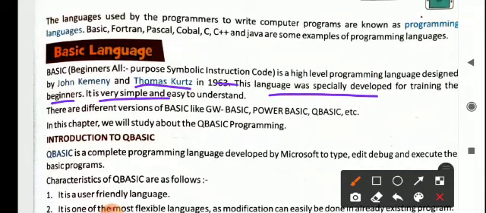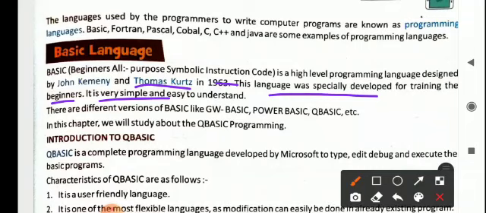One important thing is that the computer understands only machine language. Earlier also it understood only machine language, and today also it understands only machine language. Machine language is the language in which the entire set of instructions is in the form of codes of 0 and 1 only.